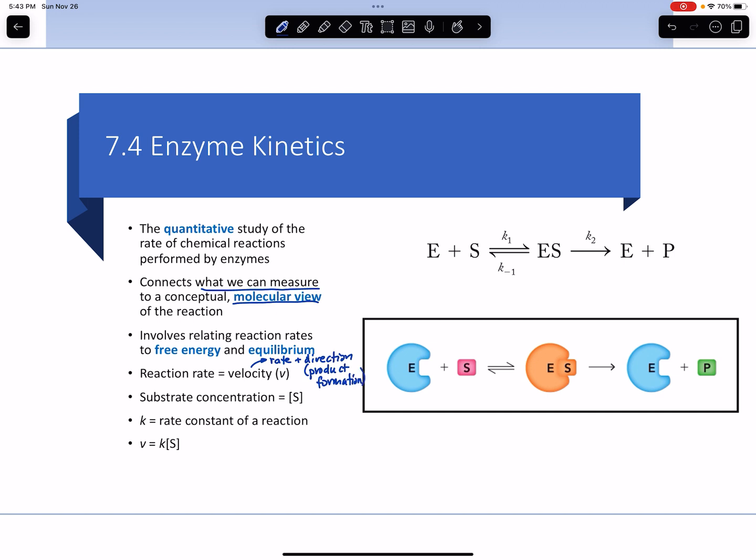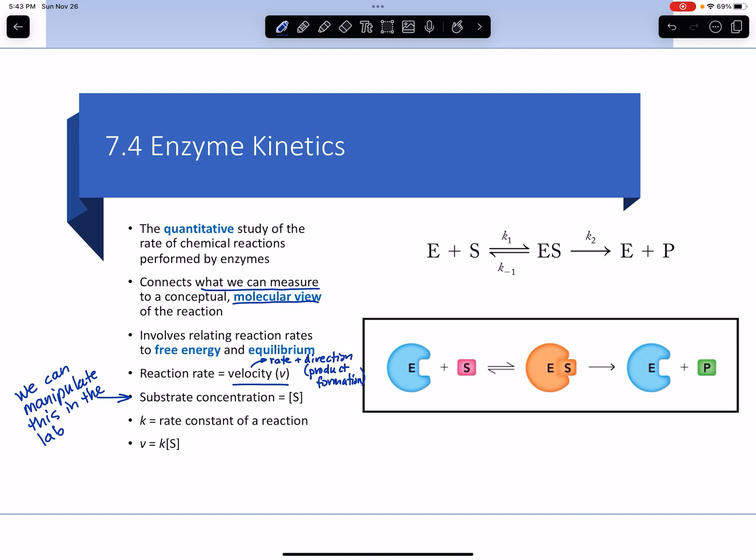So when we talk velocity, we're thinking about how fast our reactant is moving towards becoming product. Remember that we call our reactants the substrates. So we're going to be measuring velocities. This is one thing we can manipulate in the lab, so that's one of the things that we can control.